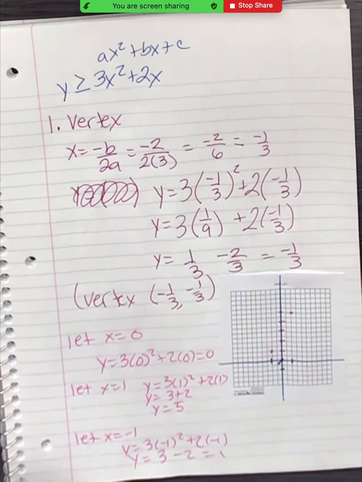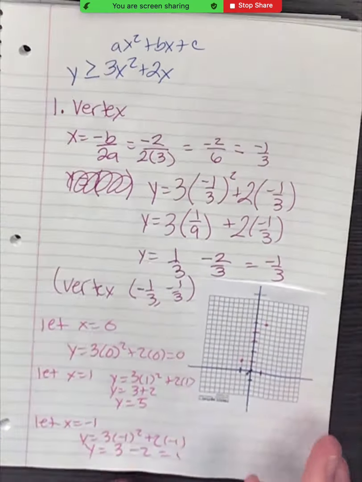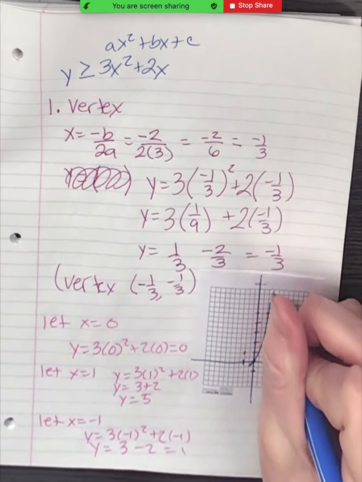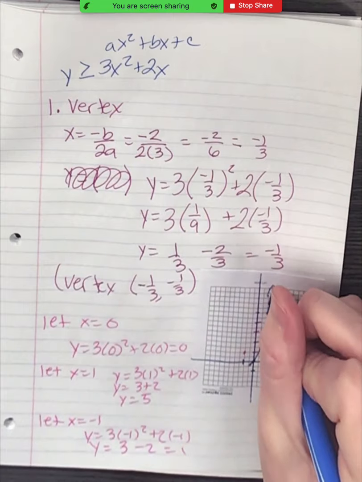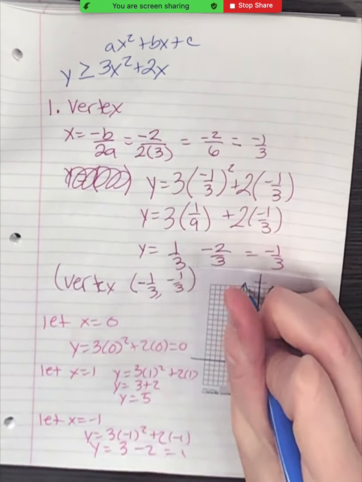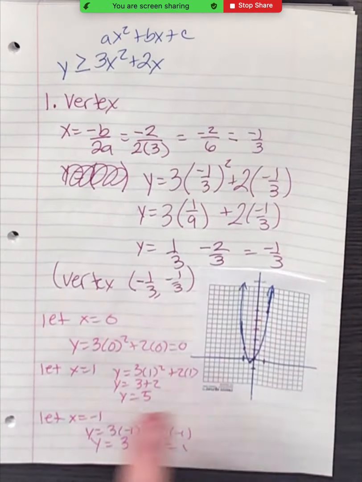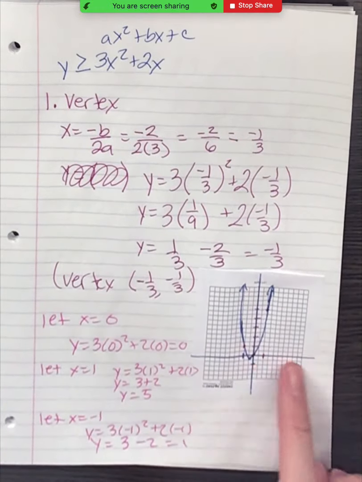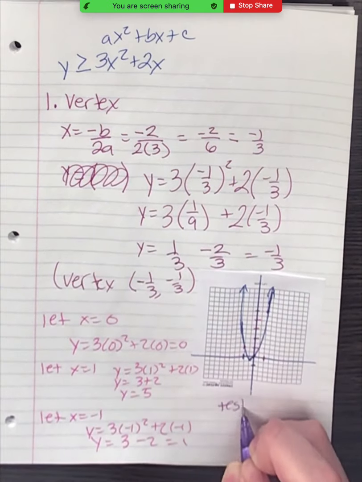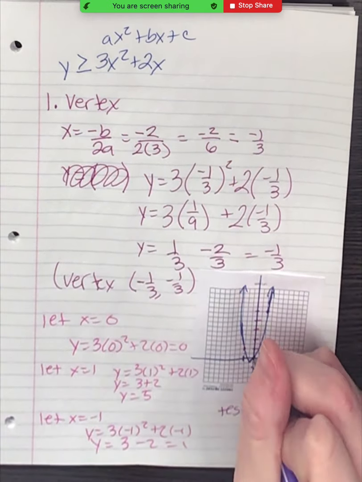Okay, we're going to connect these points with a solid curve because it's greater than or equal to. Okay, and then you're going to pick a test point either inside or outside. So if I test 0, 1, that is clearly inside right here.